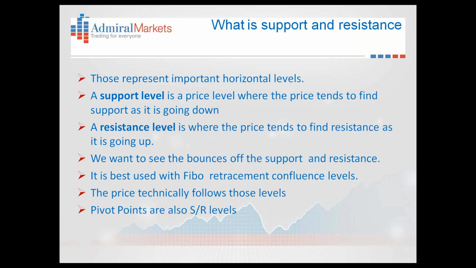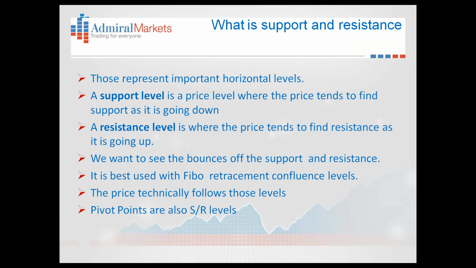A support level is a price level where the price tends to find support as it is going down. A resistance level is where the price tends to find resistance as it is going up. So when we trade those levels, we always trade selling off resistance and buying into support. We don't do any scalps and breakout trades, for example buying into resistance and selling into support. So we always want to find support levels and resistance levels.